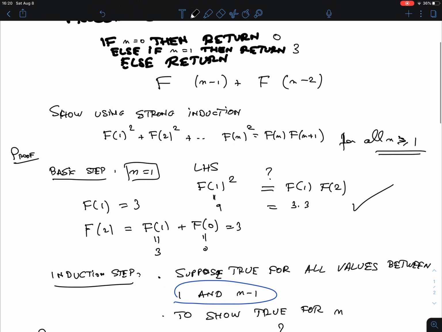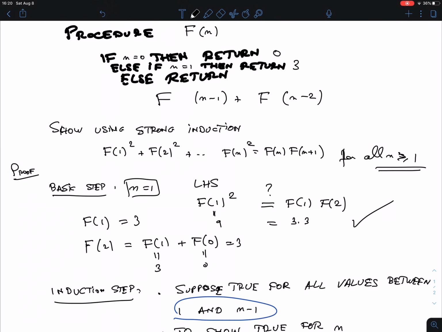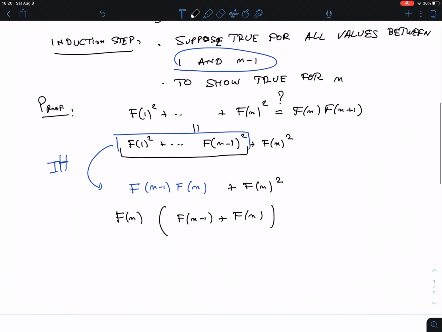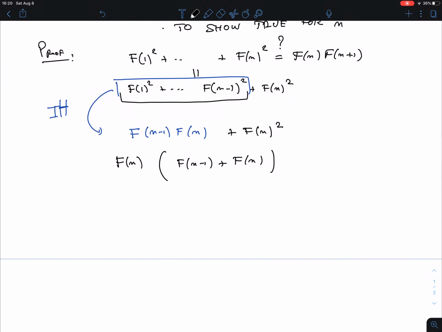Well, let's look at what the procedure does. Perhaps I should not do the last step. You might ask why did you do the last step? It's a correct step, but let me wait.